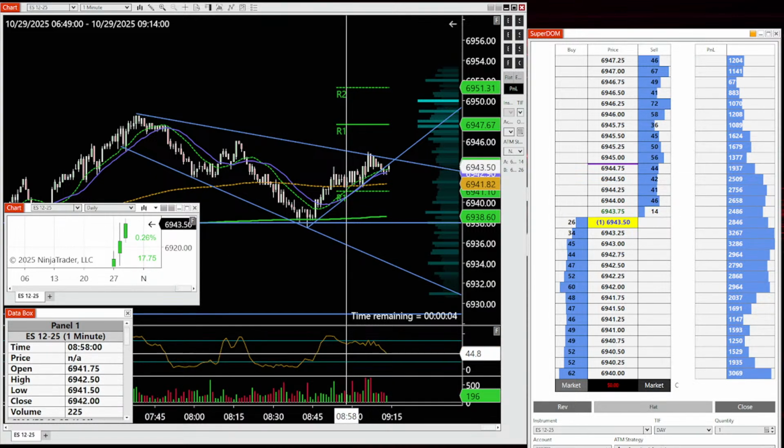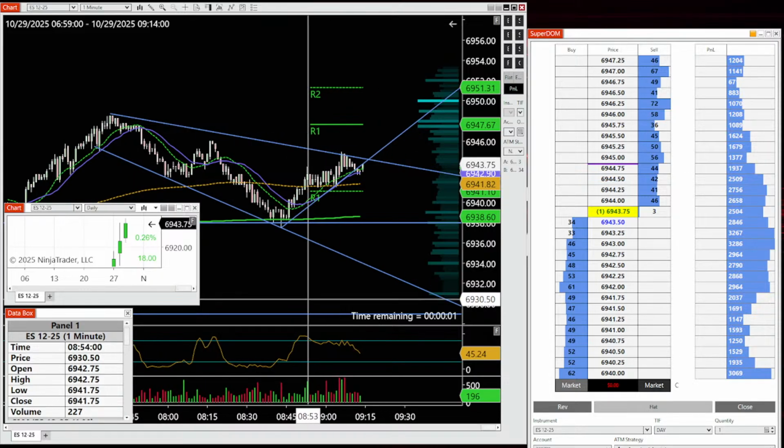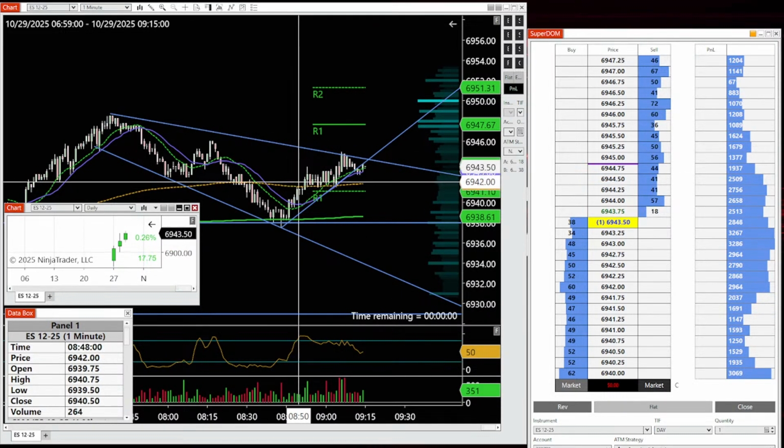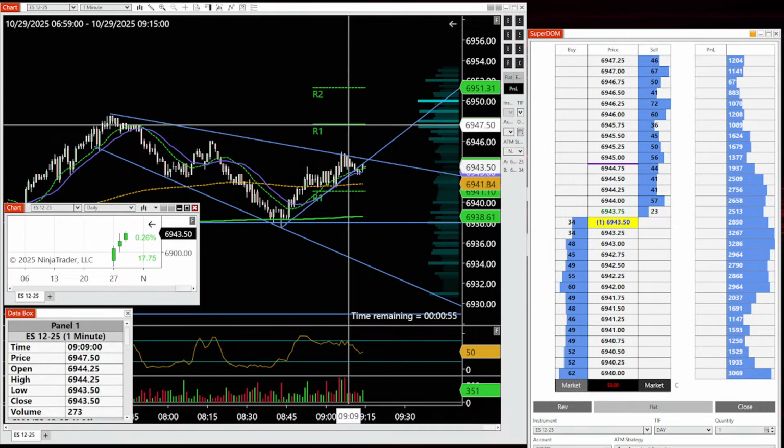Market is really not moving anywhere. Not enough to take any risk. Probably come back, test the 47.